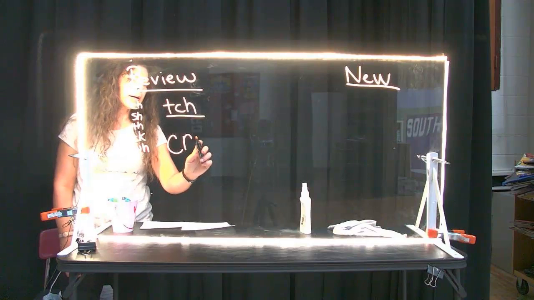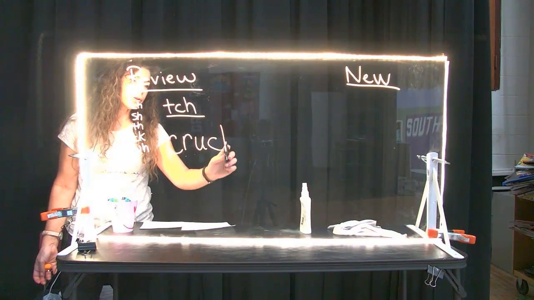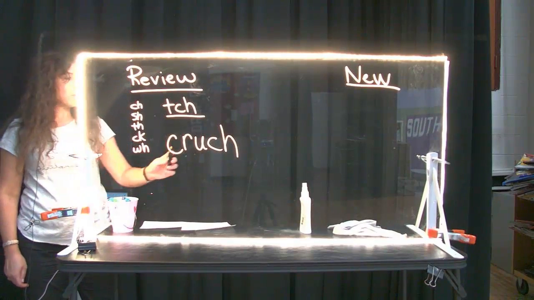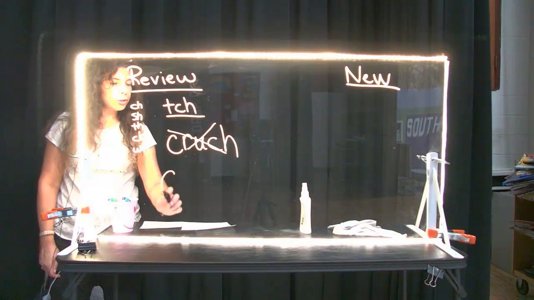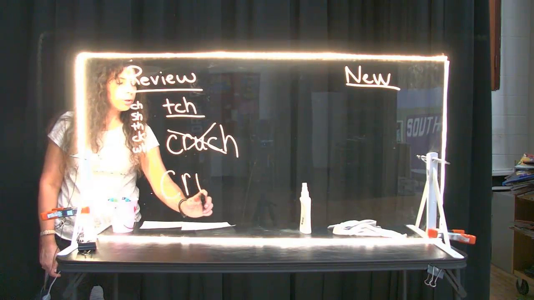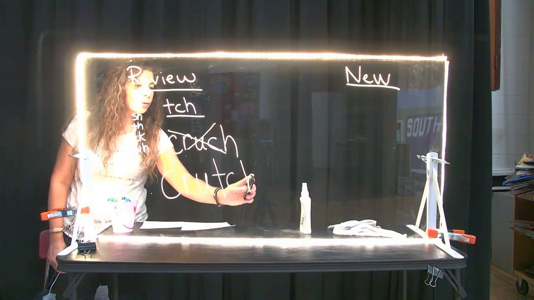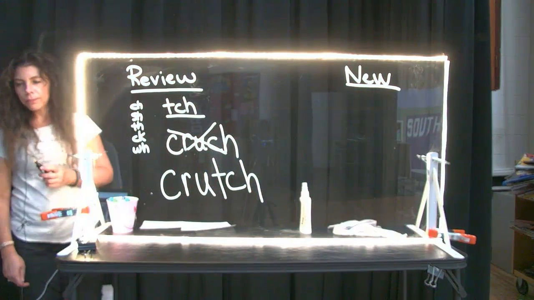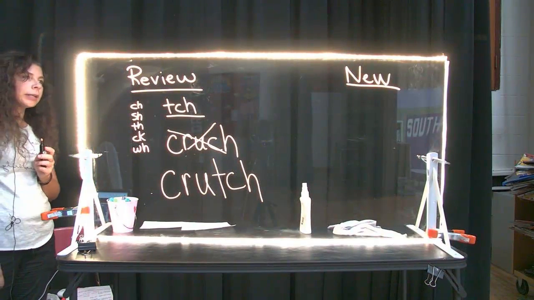CR blend, u, ch. So I'm not going to put a CH. That's not how you spell crutch because I hear that short vowel. In order to spell crutch, C-R-U-T-C-H. Crutch. That is what we learned last week.